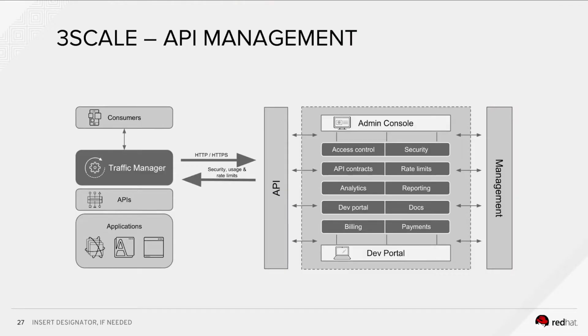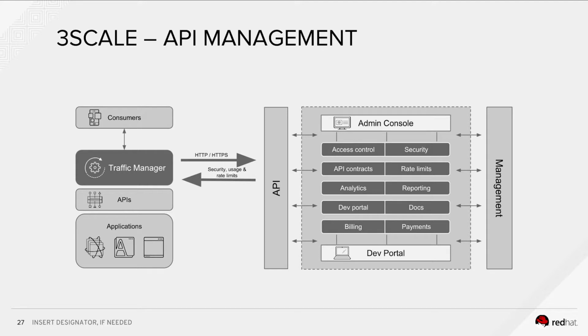And then I will show you a little bit about the new kid on the block, which is Fuse Online, which is called iPaaS. This is the ad hoc integration, high level of abstraction, browser-based designer that allows you to take a source of your data and a destination and build a flow of data processing.